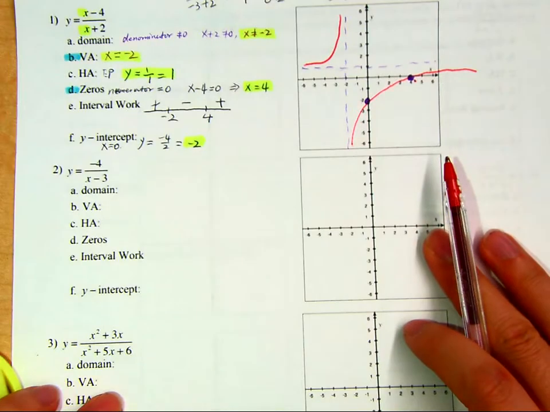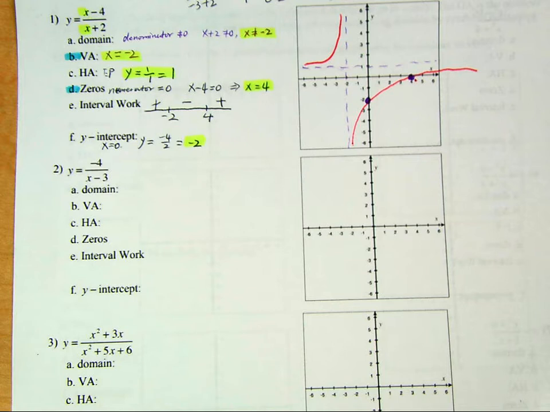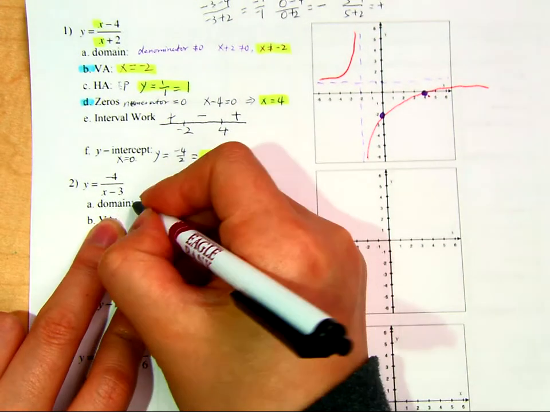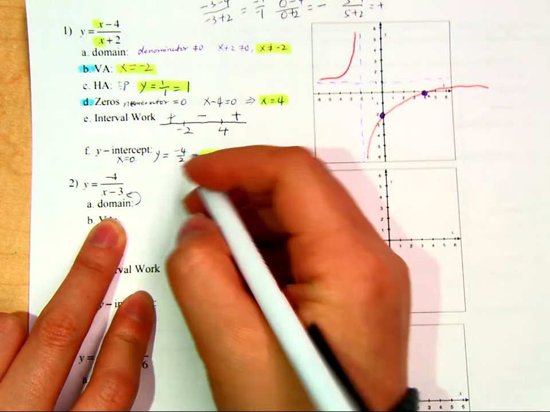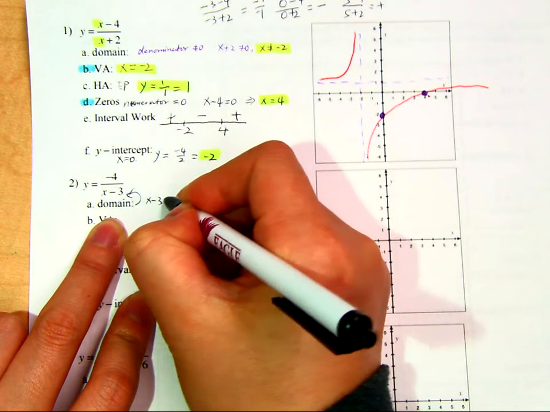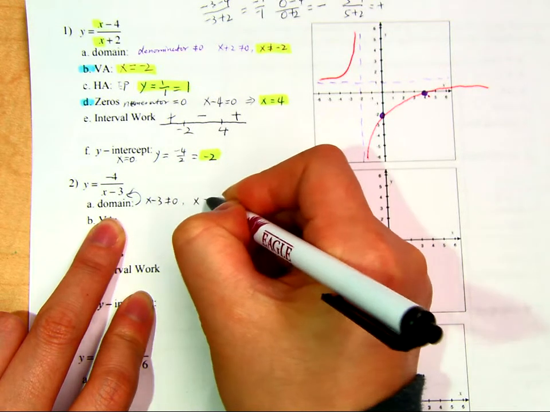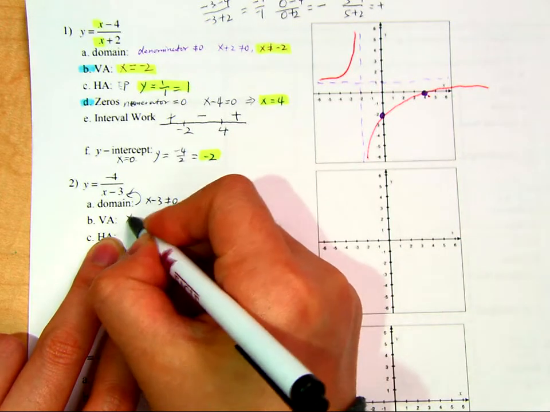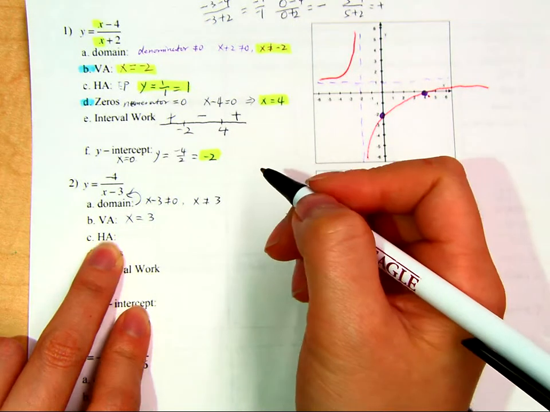And let's practice more. Second one. The domain comes from the denominator, right? So when the denominator is not equal to 0, x is not equal to 3. And the VA is x equals this number 3.